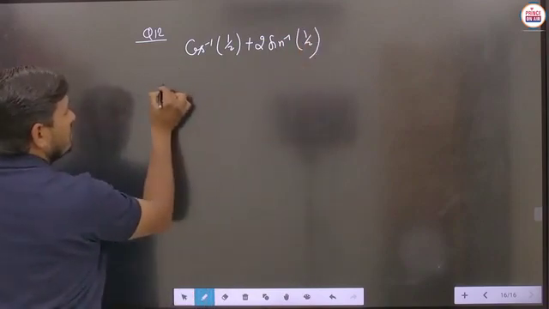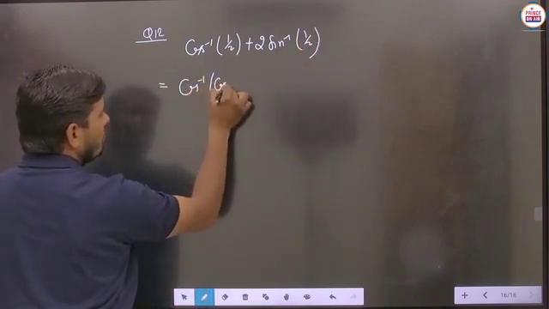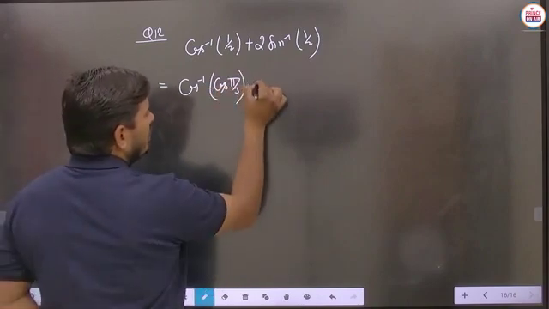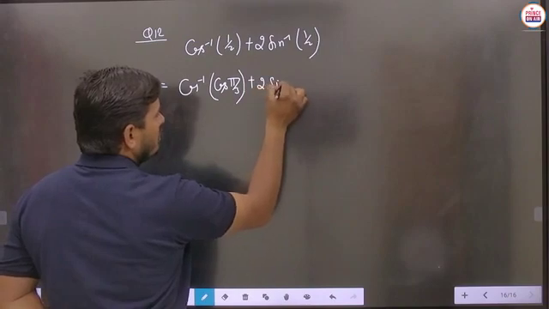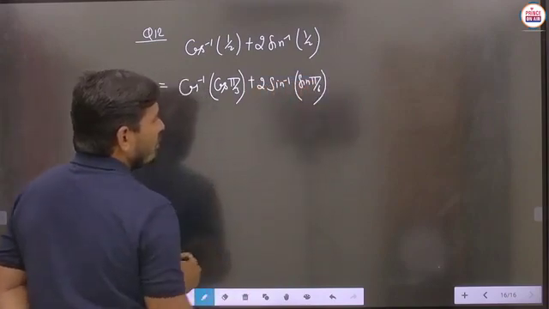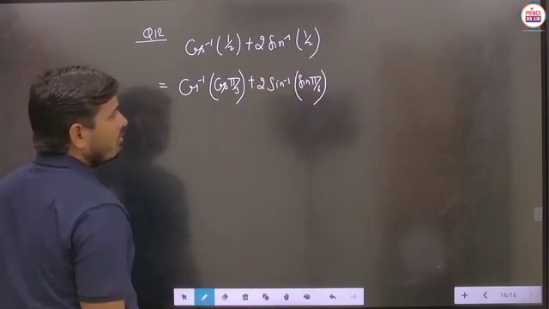No problem. In this part, cos inverse 1 by 2, the value 1 by 2 occurs at pi by 3, so it should be written as cos pi by 3. Here we write sin inverse of sin pi by 6, because sin pi by 6 has the value 1 by 2.